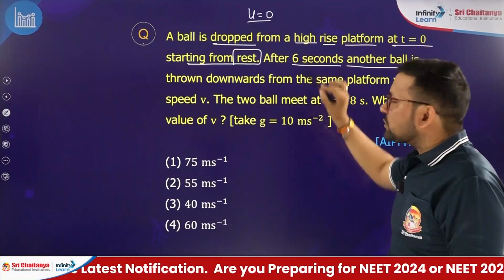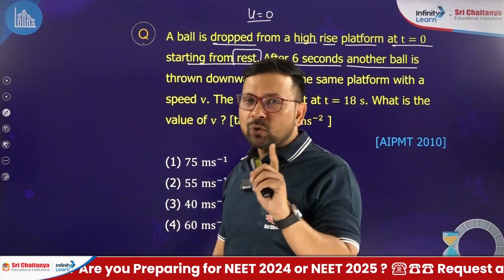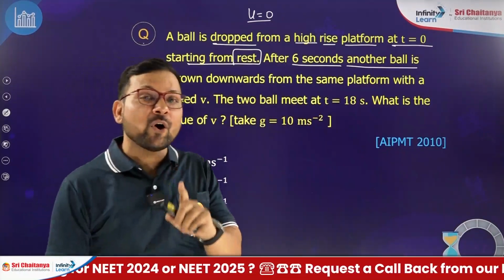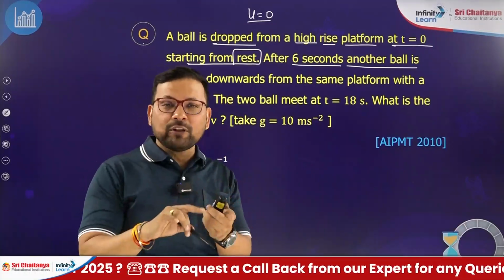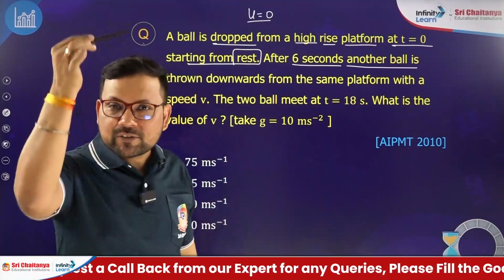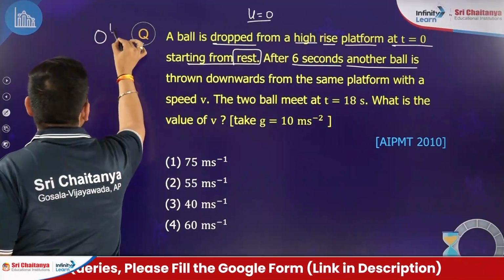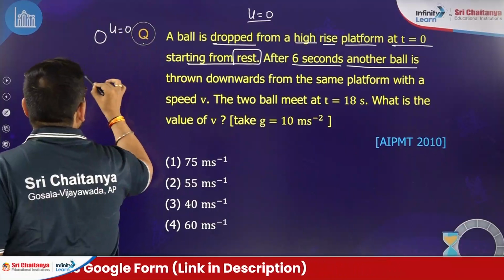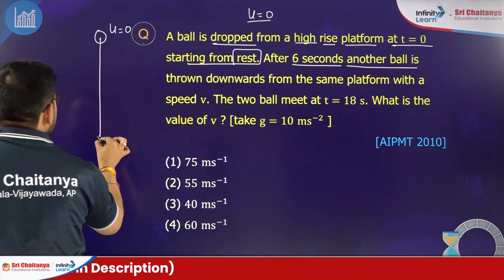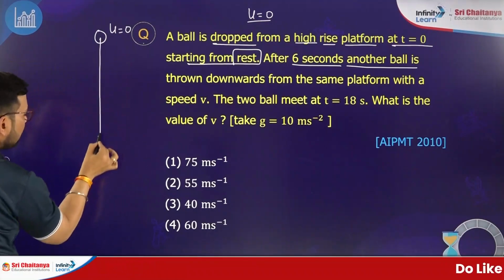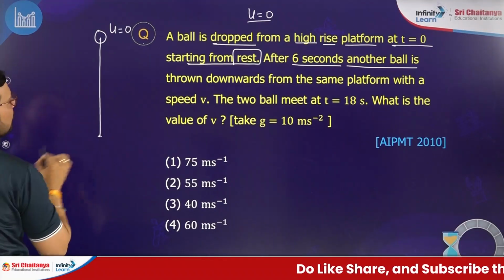Okay, after 6 seconds, another ball. Discuss about the first ball. First ball is the only ball which is moving for 6 seconds. The second ball comes after that. So first is for 6 seconds. In 6 seconds, initial velocity is equal to 0 and it is falling for 6 seconds. When it is falling for 6 seconds, how much distance will it fall?